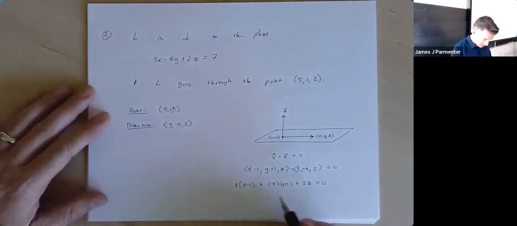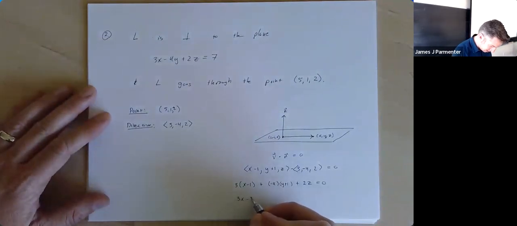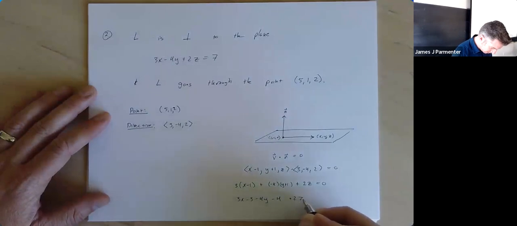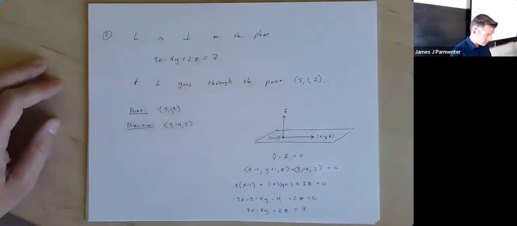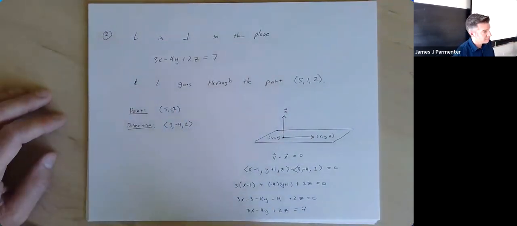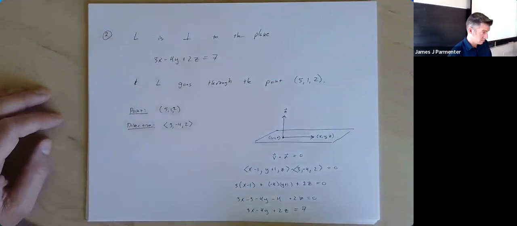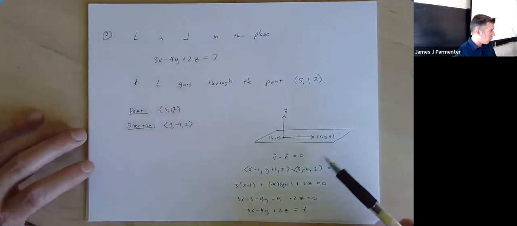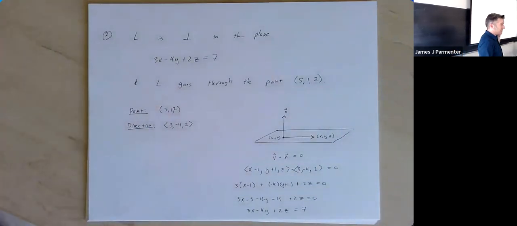And so you end up getting exactly 3x minus 3 minus 4y minus 4 plus 2z equal to 0, or in other words, 3x minus 4y plus 2z equal to 7. This is exactly the equation we started with. I'm doing something on the side here that's not really related to this. I was just pointing out that that's really why the equation of the plane just gives you the normal vector right off the bat.